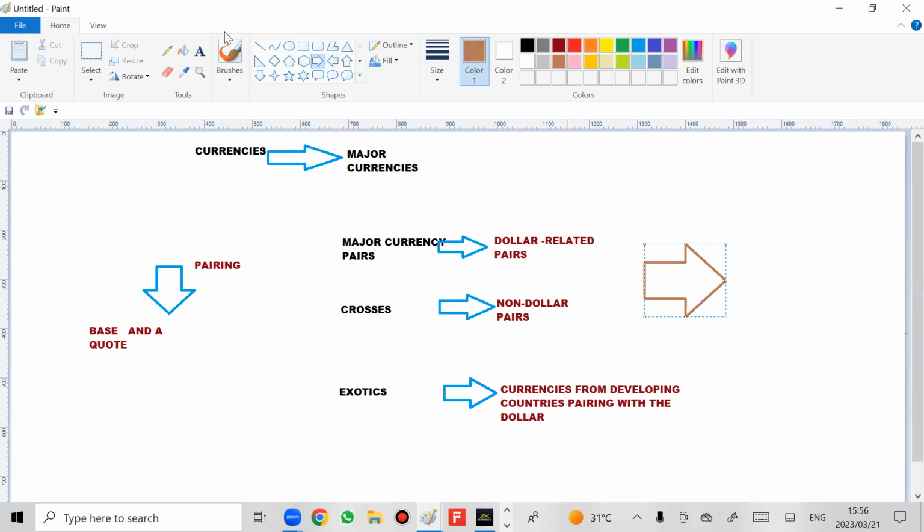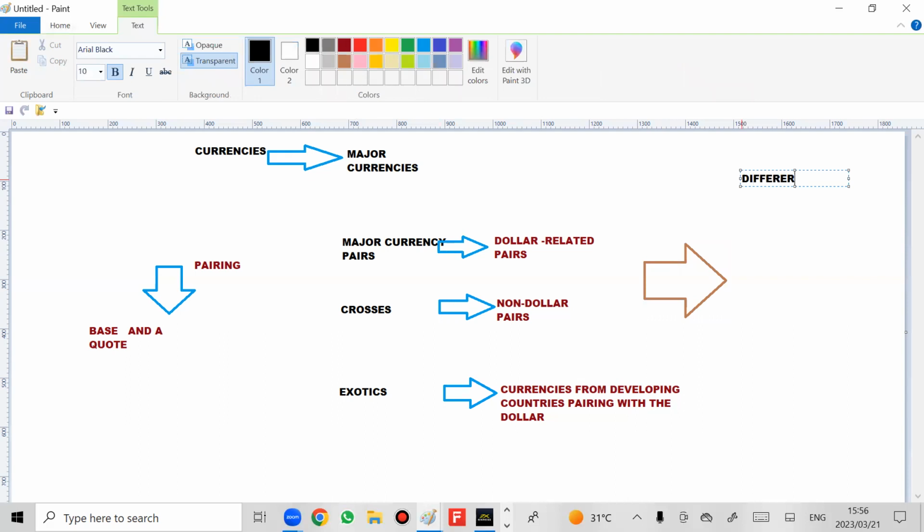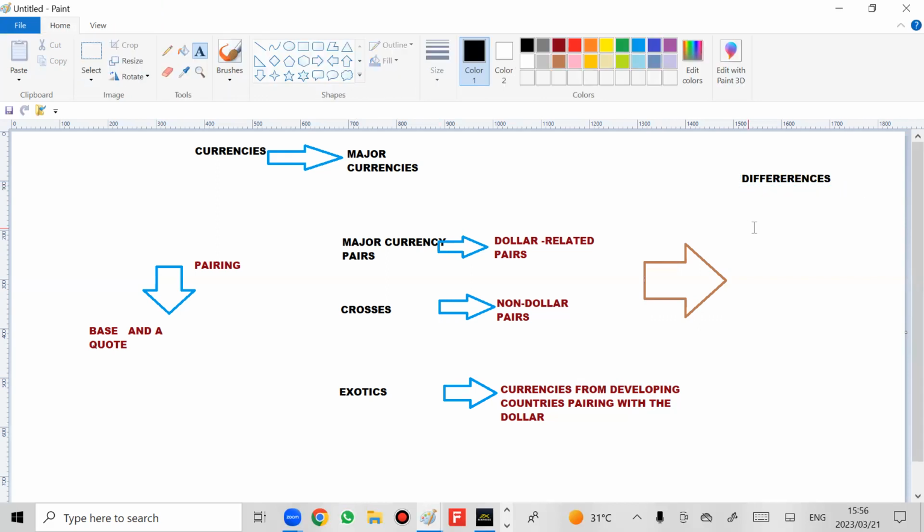And I know you can tell the differences between majors, crosses and exotics. Can you give me some of the differences between the major currency pairs, the cross pairs and the exotic pairs?